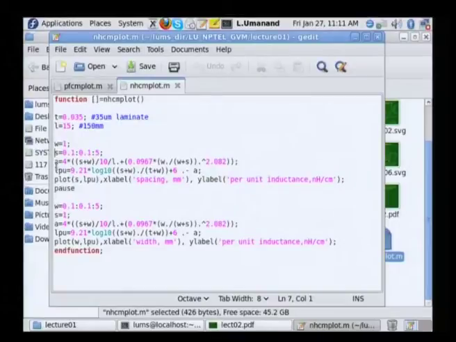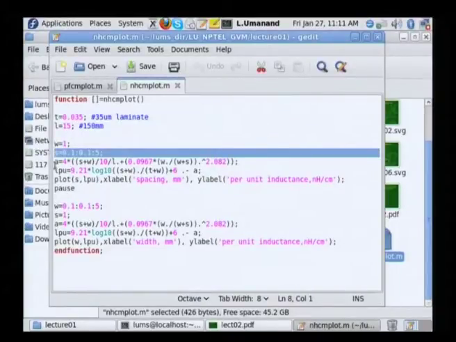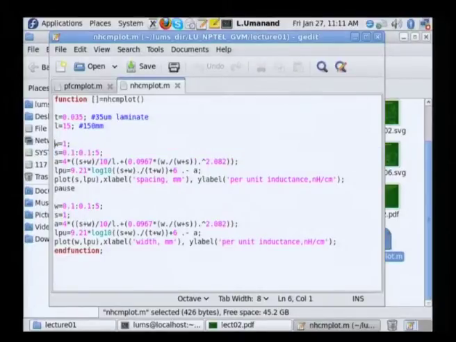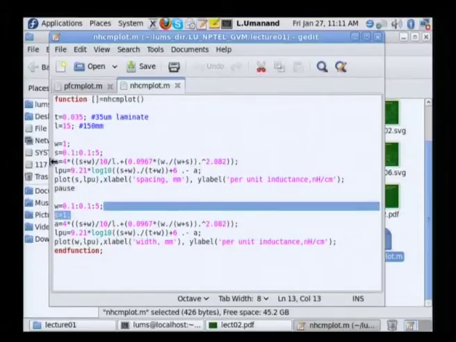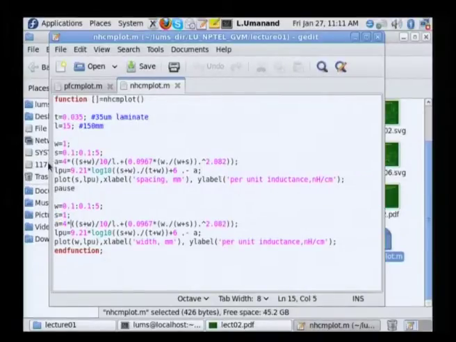In the first case I want to see the variation with respect to the space, giving the width as 1 mm for the track, and in the other case I am giving the spacing between tracks as 1 mm. Then you have the plots for the two figures, one with respect to spacing, another with respect to the width.